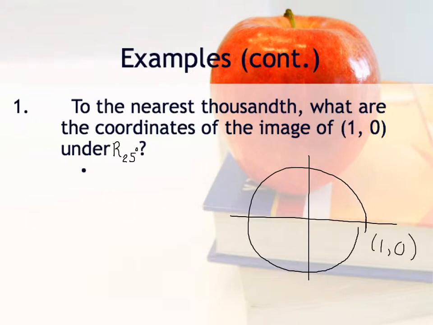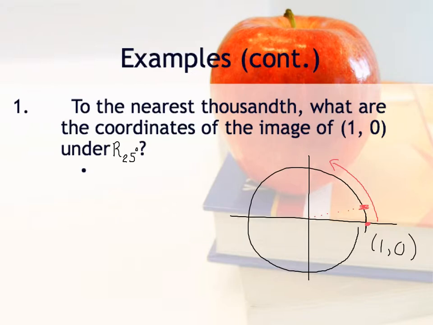And we remember from geometry, when we rotate a positive magnitude, that means we're moving in a counterclockwise direction. So from this point, (1, 0), if we rotate around the origin in a counterclockwise direction, and we go a total of 25 degrees, we'd land probably somewhere right around there.